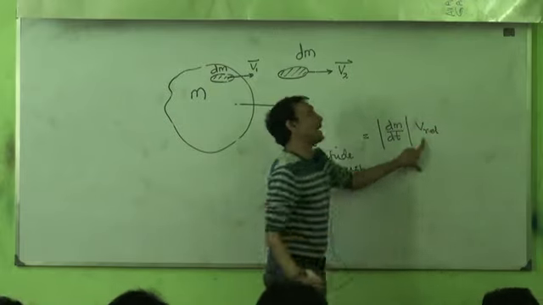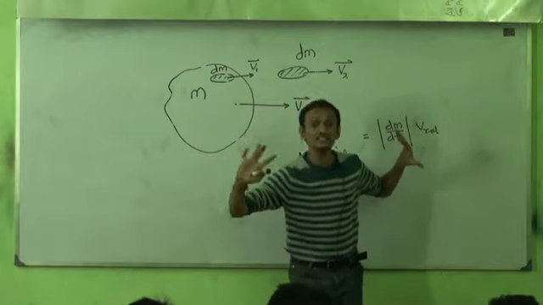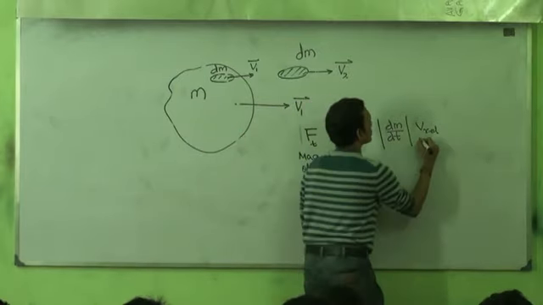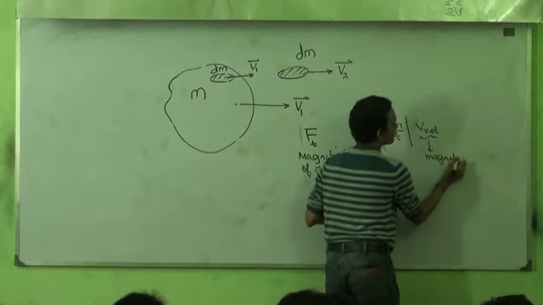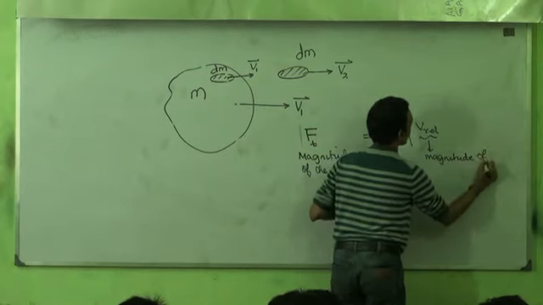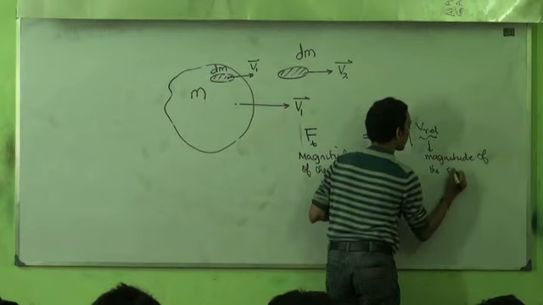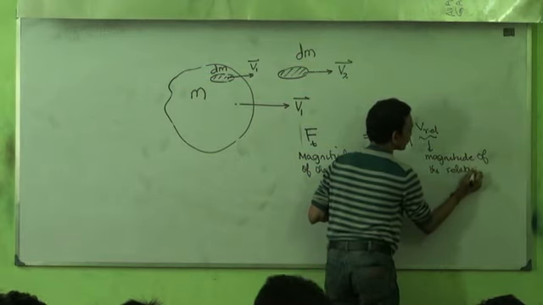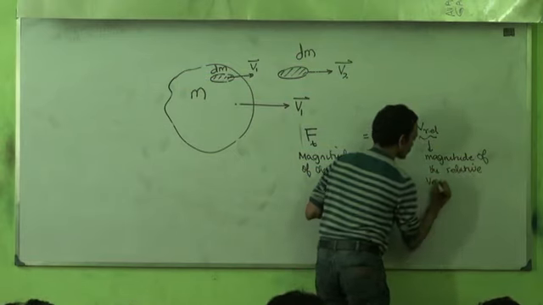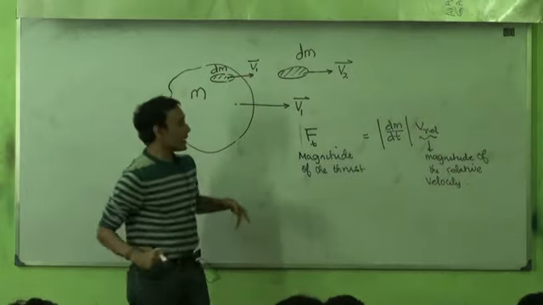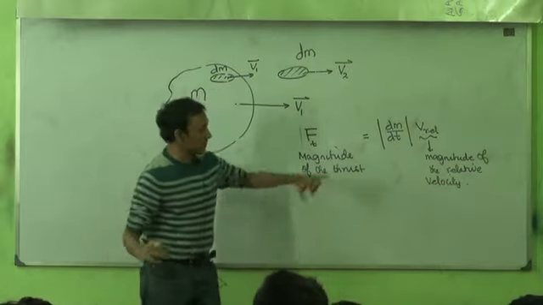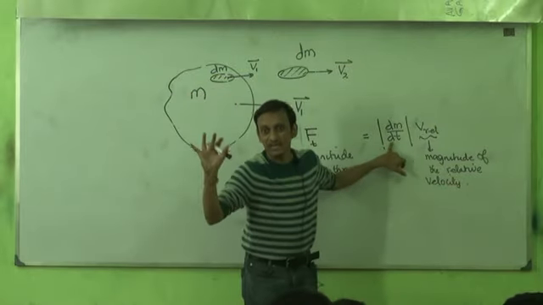Vrel is the magnitude of the relative velocity. The magnitude of the thrust acting on a variable mass system would be dm/dt, which is that mu.